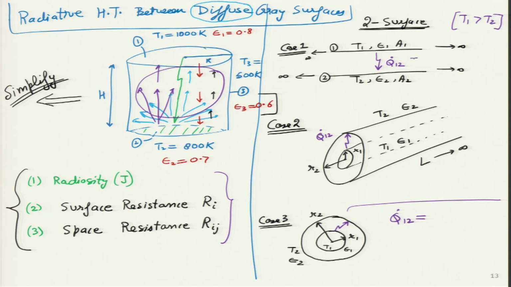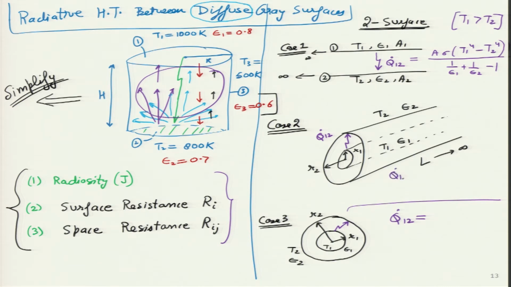So, maybe I will write it in small font over here. This term simply turns out to be, so I will erase this part over here so that I have more space, T1 to the power 4, T2 to the power 4 divided by epsilon 1, epsilon 2 minus 1.